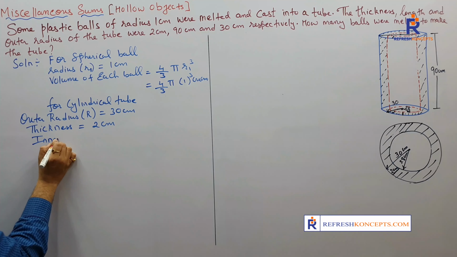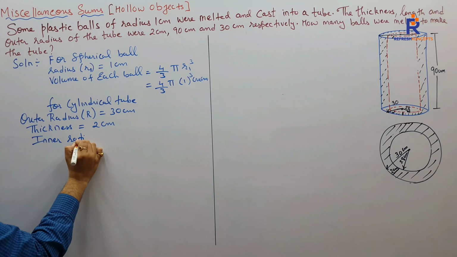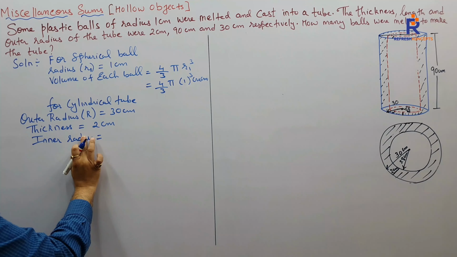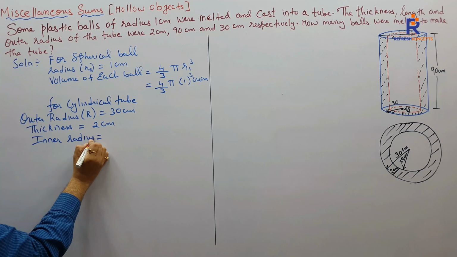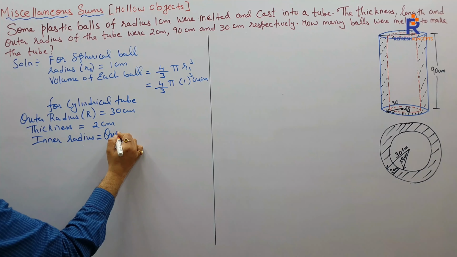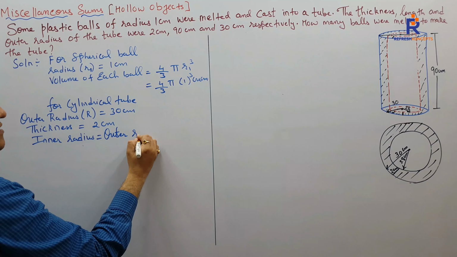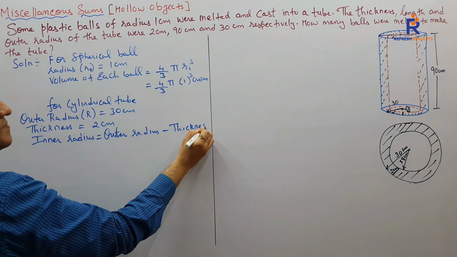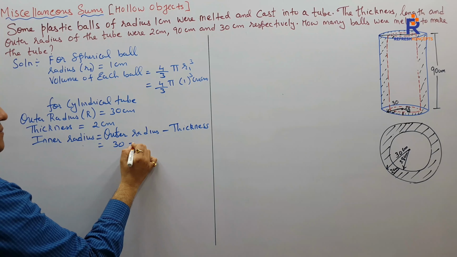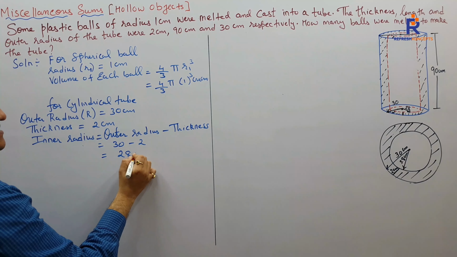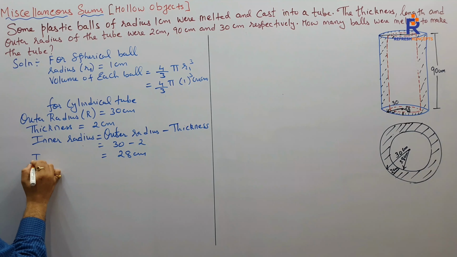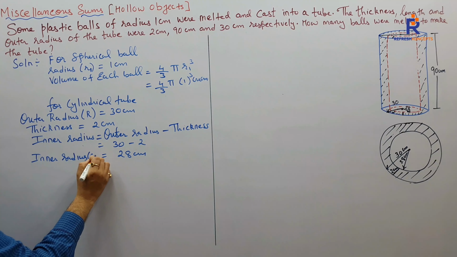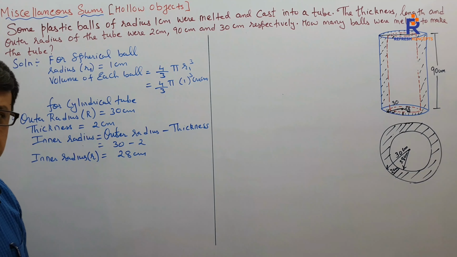Inner radius is outer radius minus thickness. Outer radius is 30 minus 2, 28 centimeter is the inner radius, and let me say inner radius as small r.